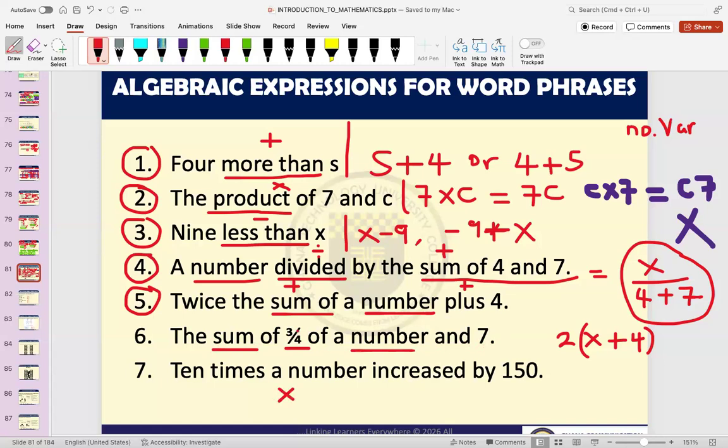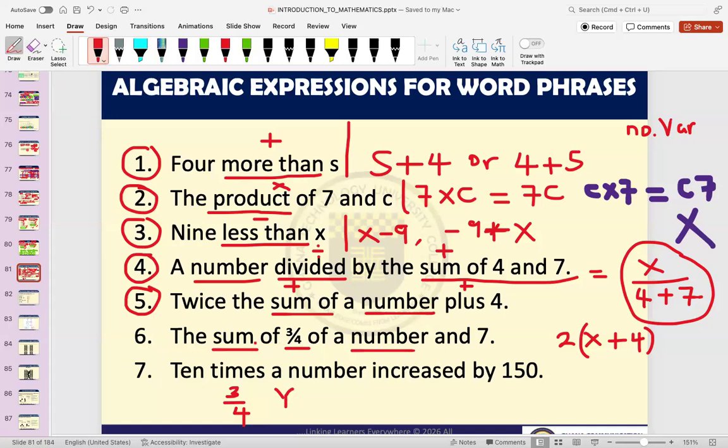But they say we should find 3/4 of the number. So 3/4 of the number is 3/4. Let me use another letter to represent the number. So let's use y like this.